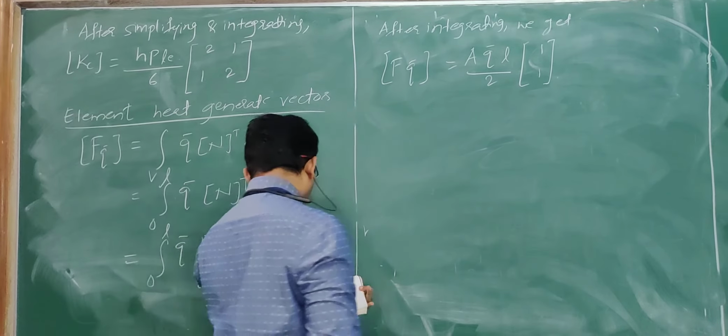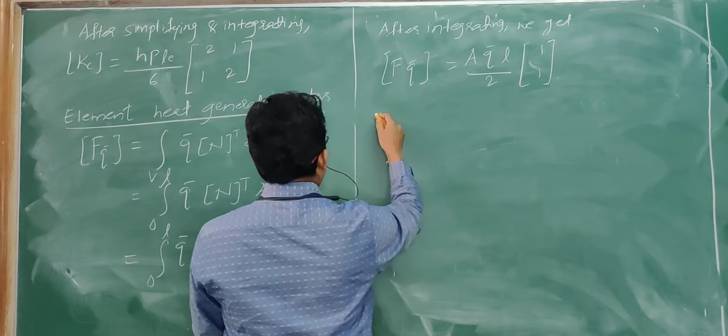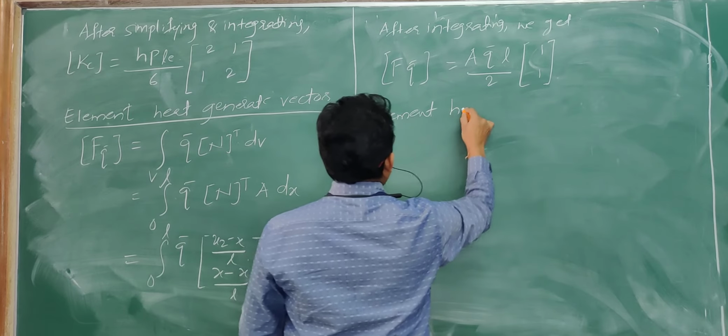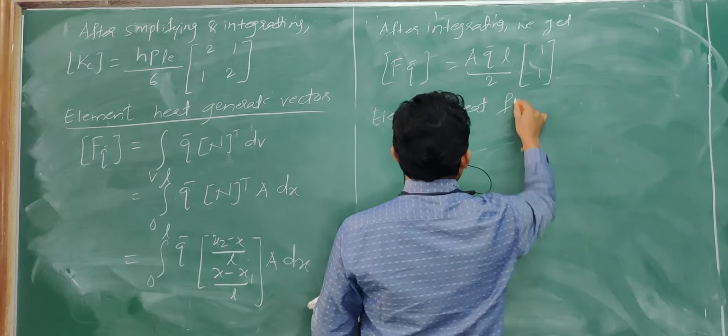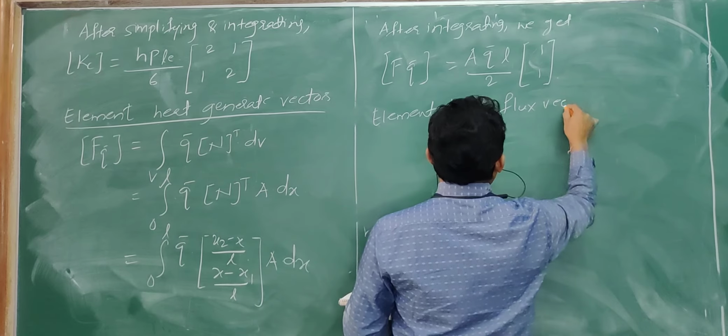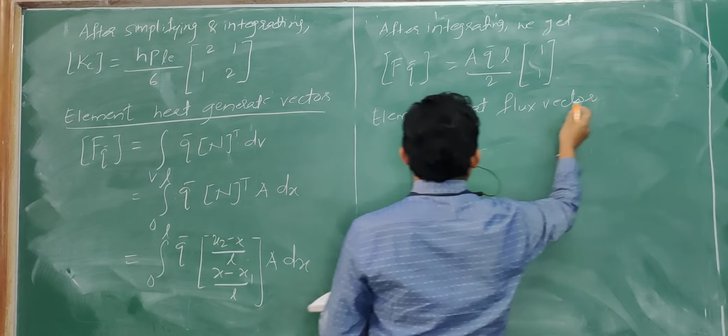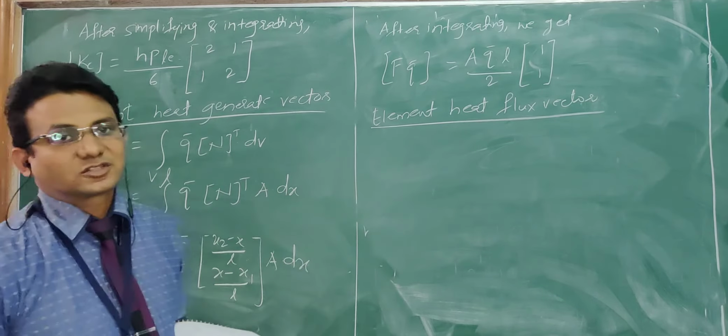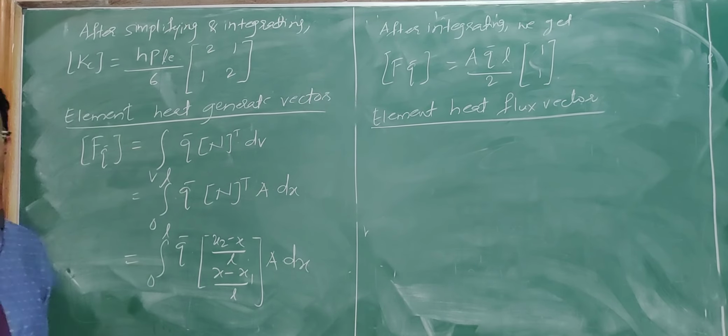Similarly, there is one more vector called the element heat flux vector. The heat flux is nothing but the energy rate across the fin per unit area.